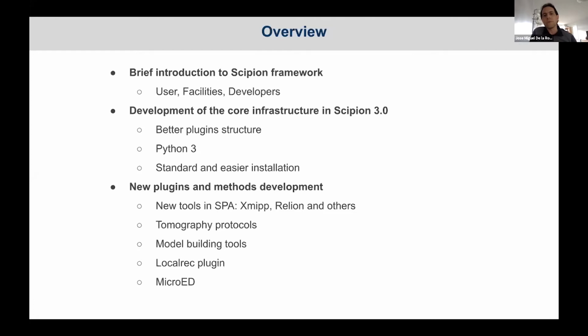Then I will go a bit more into what we have been working on for this new version, Scipion 3, especially refactorization, a new way of installation, and migration to Python 3. And then I will use some examples of new workflows, new plugins or new methods that have been developed using all this infrastructure, that showcase the importance of the work we have been doing to improve the internal structure.